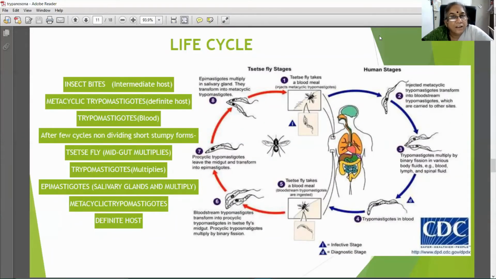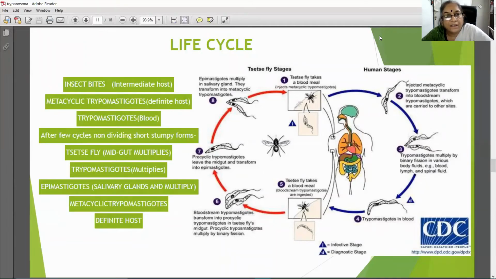That is the insect that is going to bite; the intermediate host. From there, they are going to come as metacyclic trypomastigotes. They are introduced into the definitive host. The trypomastigotes are going to multiply in the blood, and after a few cycles, non-dividing short stumpy forms develop.